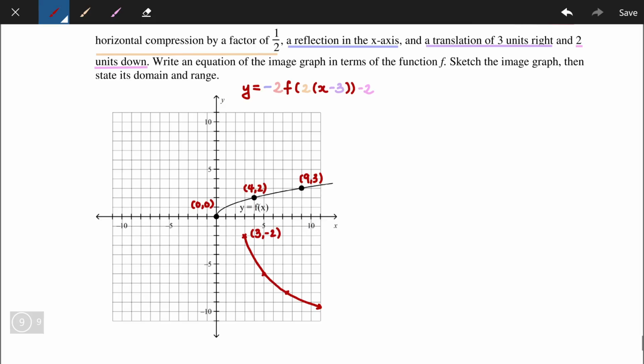So the point 4, 2 will undergo the transformations. It will be vertically stretched by 2, so 4, 4. Horizontally stretched by half, which gives us 2, 4. And then the reflection gives us 2, negative 4. And then we move it right 3, which is going to give us 5, negative 4, and finally down 2, so 5, negative 6.